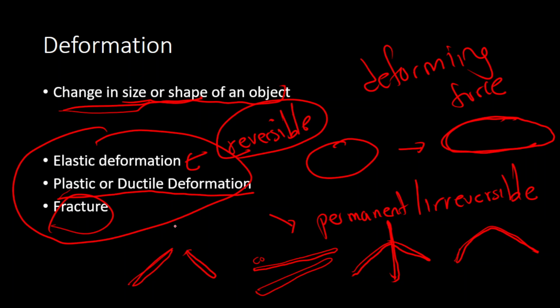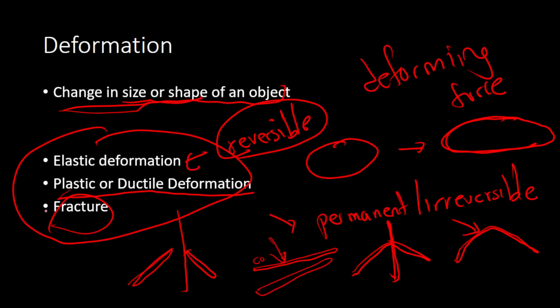The material has been deformed to an extent that it has been fractured, it has been broken. And then it's permanent. Normally, speaking normally, we can't just say we're going to stick the two of them together and it's going to go back to being this.